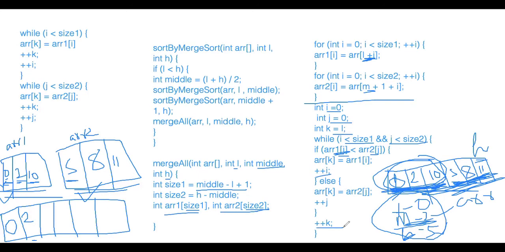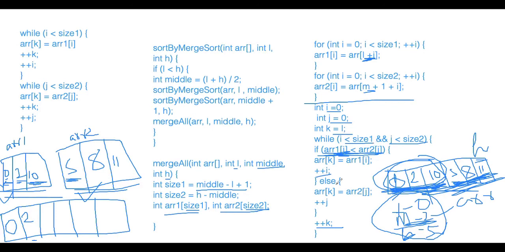So j is still 0, but i is 2 now, right? Now i is 2 and j is 0. Is this condition true? No. ARR1 of 2, which is 10, and ARR2 of j, which is 5. This is not true.